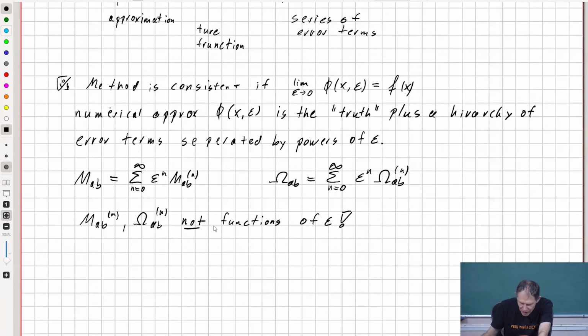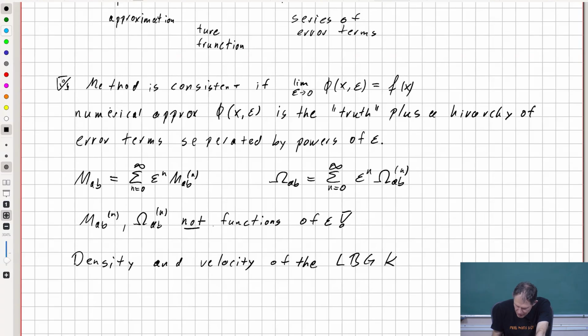So now, for example, the solution that we are looking for in the lattice Boltzmann method is the density and velocity of the LBGK.